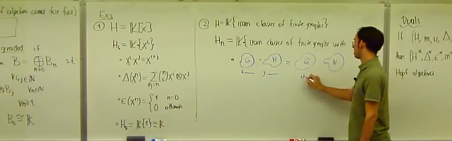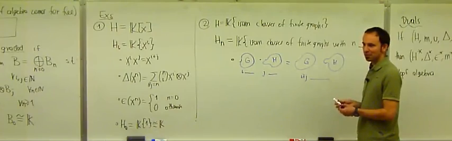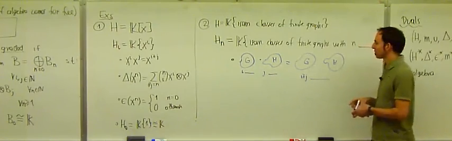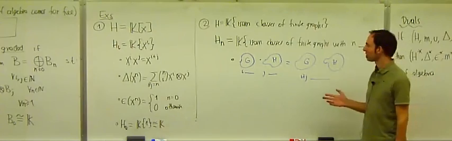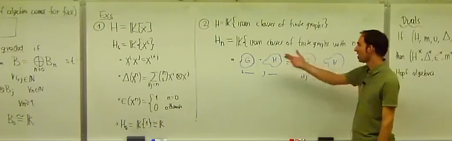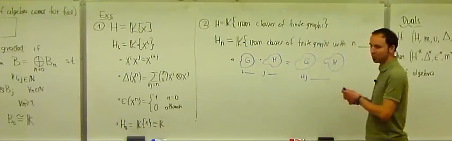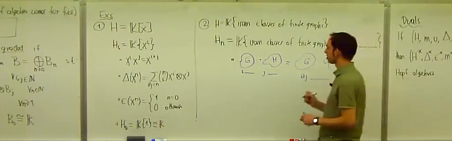And I need to have i plus j fill in the blanks. So can we decide if it's vertices or edges? Well, so far, either for vertices or for edges, that works, right? If this has i vertices and j vertices, this has i plus j vertices. If this has i edges and j edges, this has i plus j edges. So far, we haven't had to make up our mind.